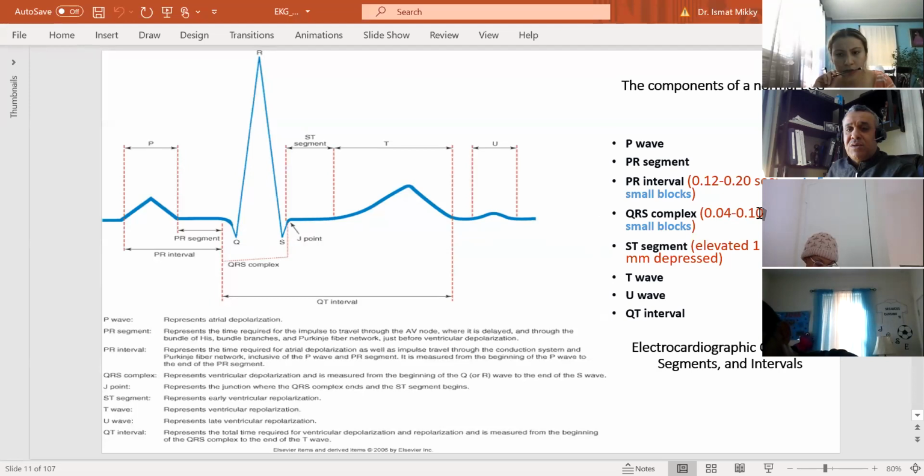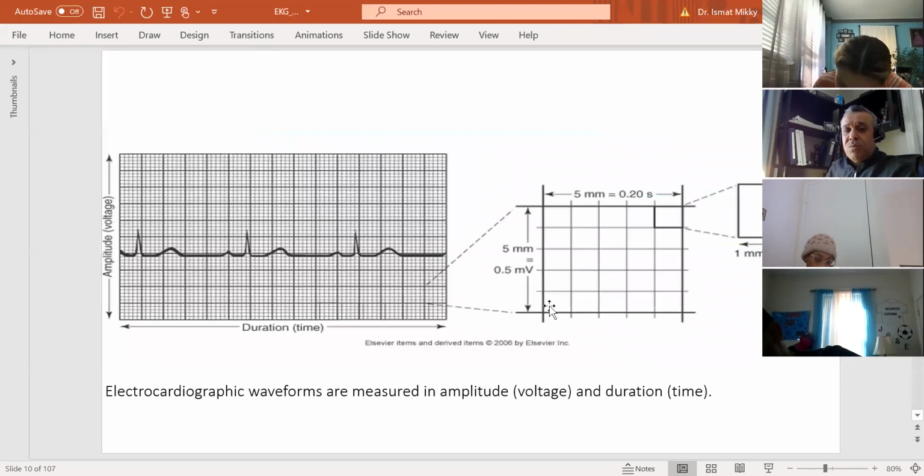So the QRS complex can go from 1 small box and not exceed 3 small boxes. Which means the PR interval is going to be longer than the QRS.